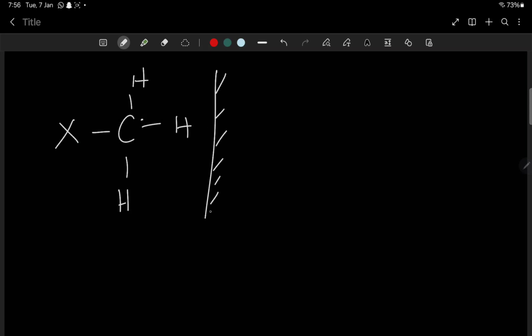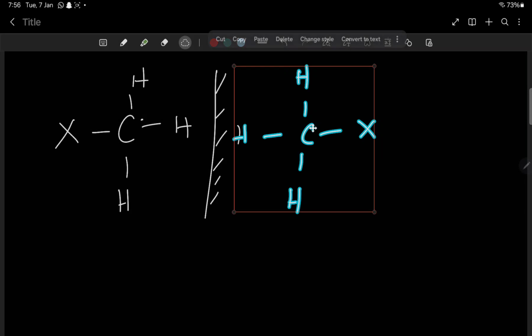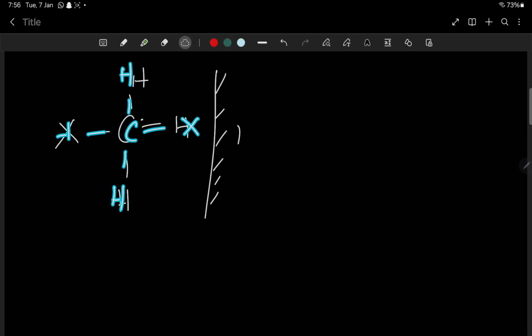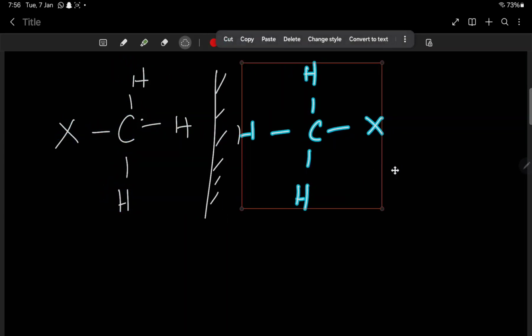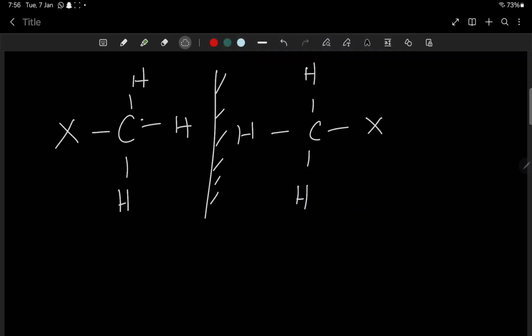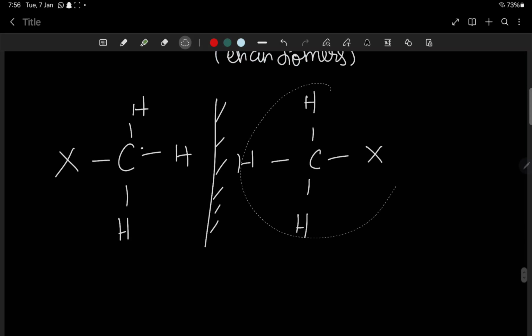For example, you can take CH4 or something like that, CH3X. Now take a mirror and take the mirror image. Look, if they are superimposing. Now they are not superimposing. But the thing is that you take this and rotate it 180 degrees.